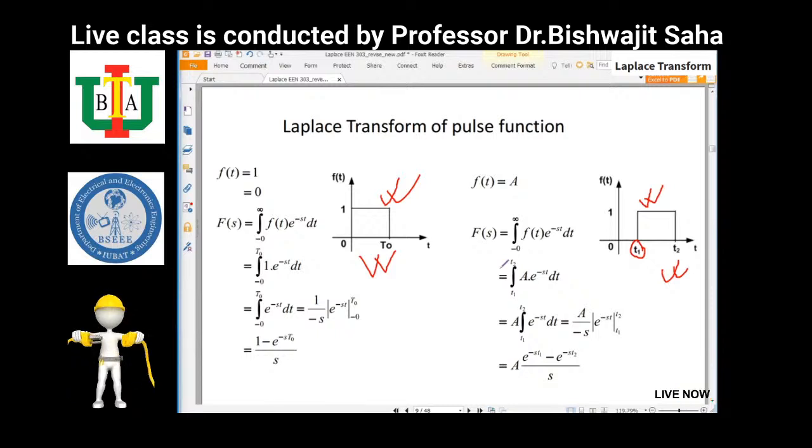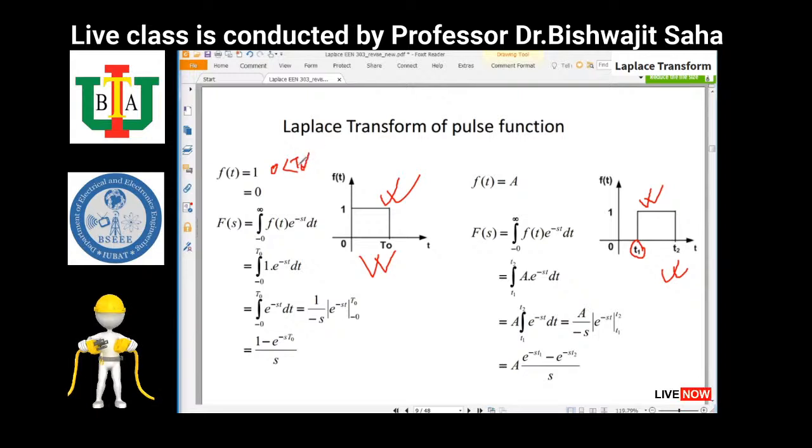Any question? So f of t equals 1 for 0 to T1, and f of t equals 0 otherwise.